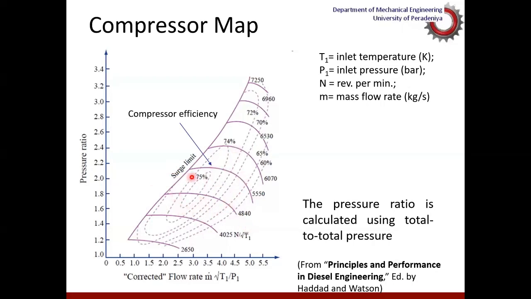And the dashed curves are the efficiencies. With this kind of map, we could find for a given pressure ratio of operation, for example 2.5, and for a given mass flow rate, what should be the speed of operation to give us the maximum efficiency.